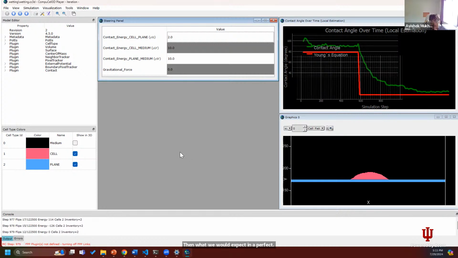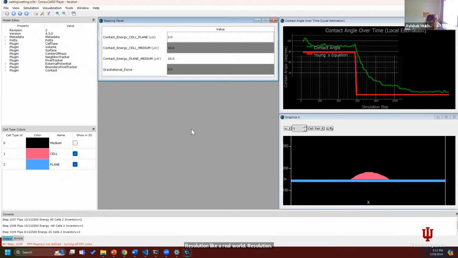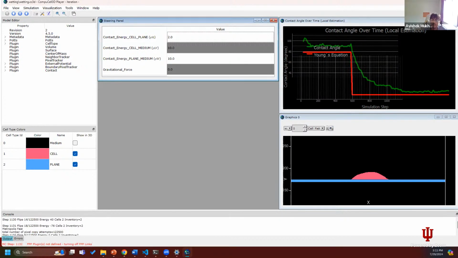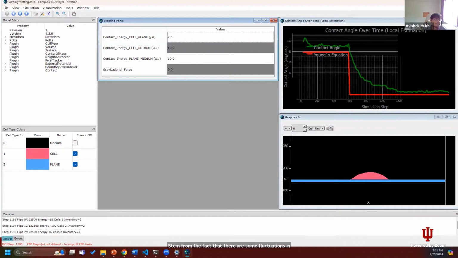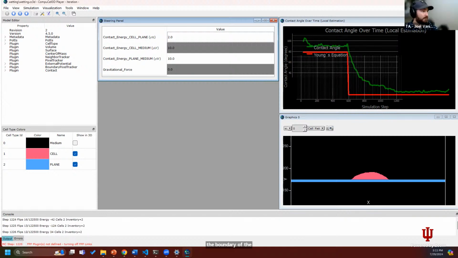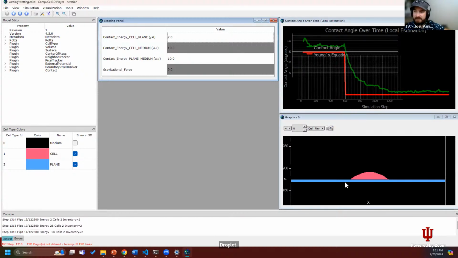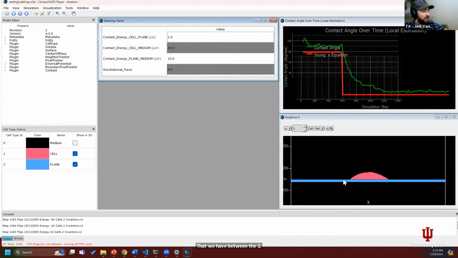So is the error between the contact angle and the one from the Young's equation due to fluctuations in the boundary of the droplet? Right, that's one. Because the fluctuations keep happening, we have a change in the height and the amount of contact between the two, because it fluctuates so much given the temperature.